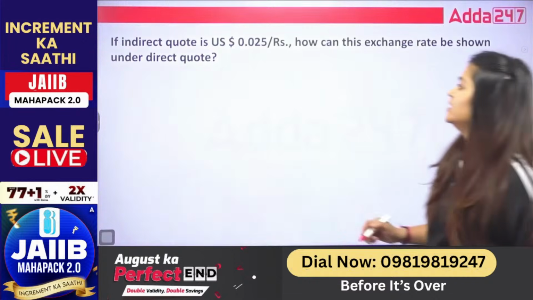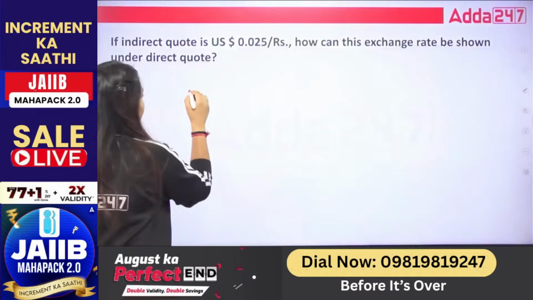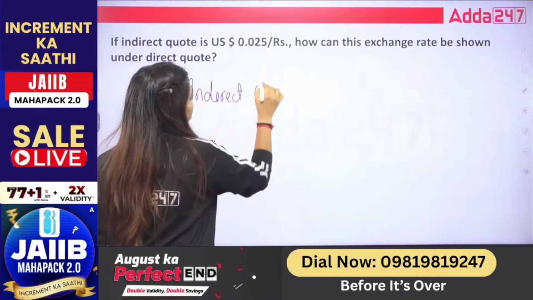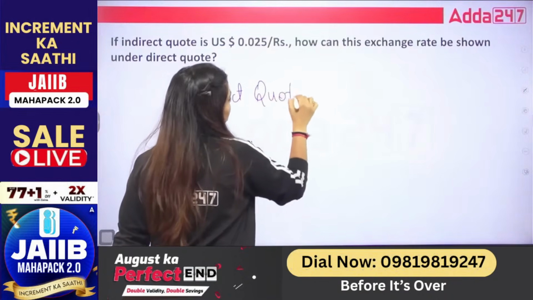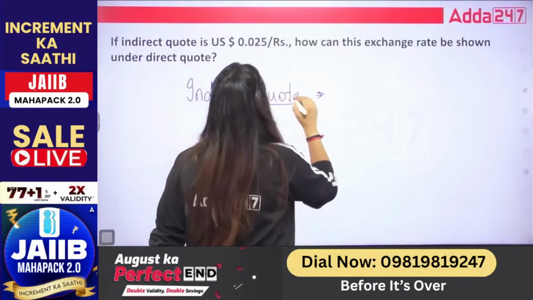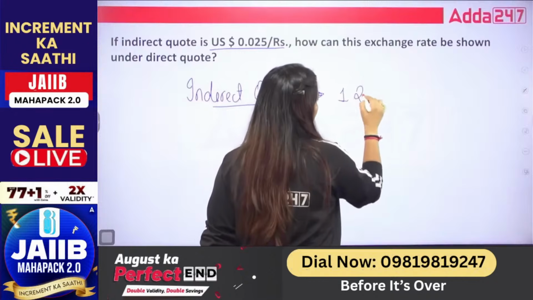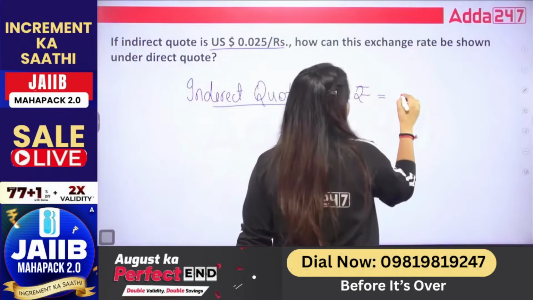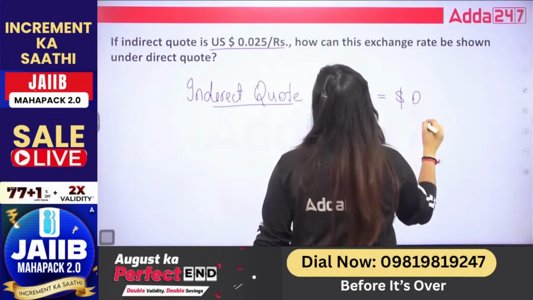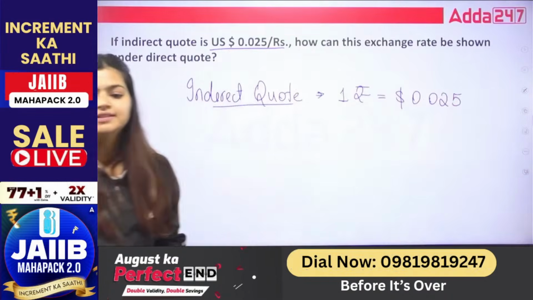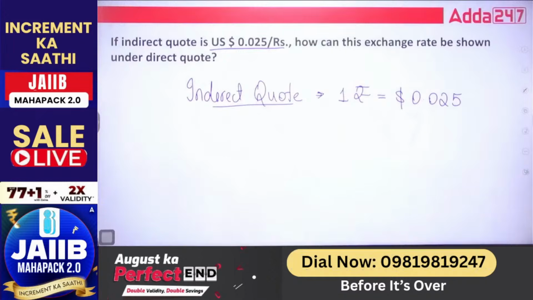Okay, so here we have indirect quote, and that is US dollar per rupee. So 1 rupee equal to $0.025. Yes, this is your indirect quote. So how can you get this into a direct quote?